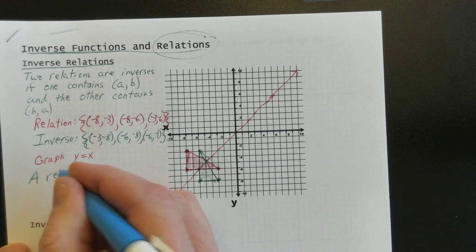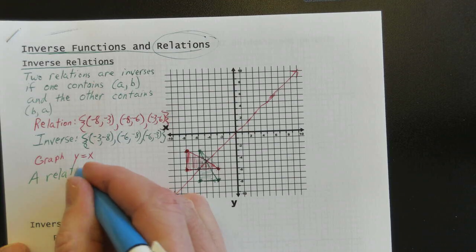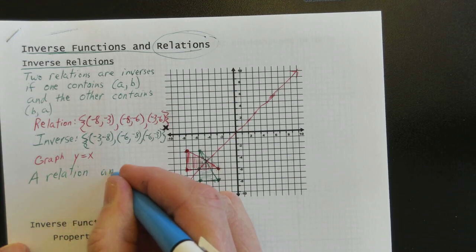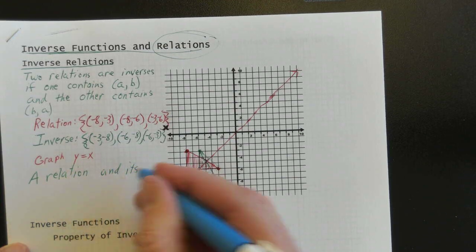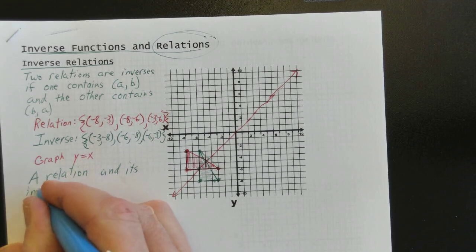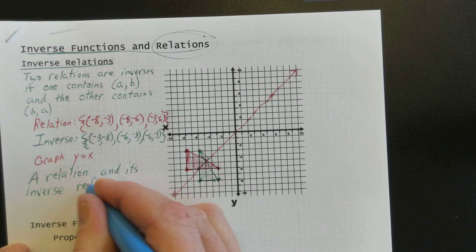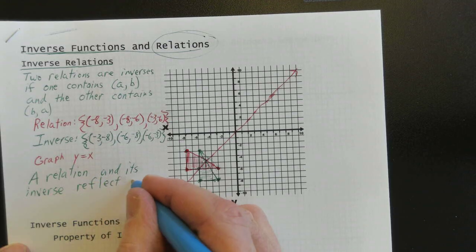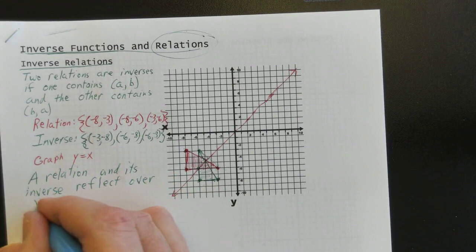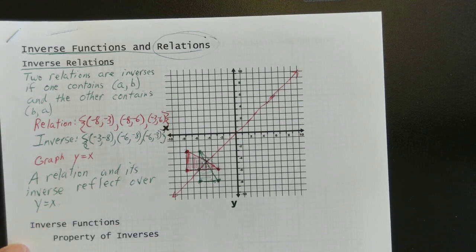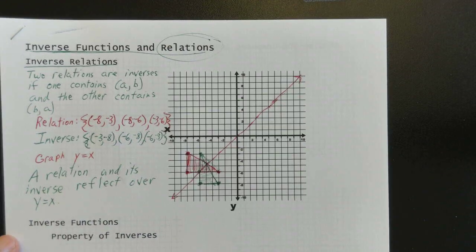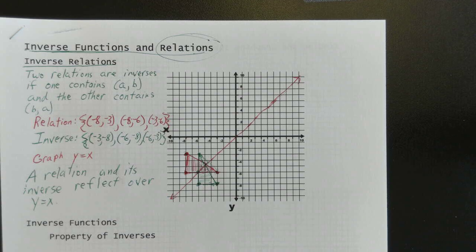A relation and its inverse reflect over y equals x. All right? So far, so good?